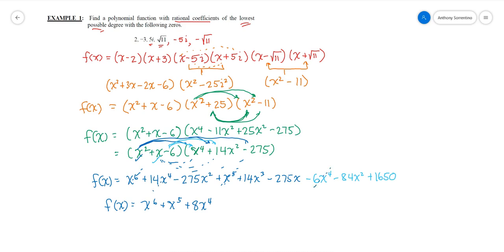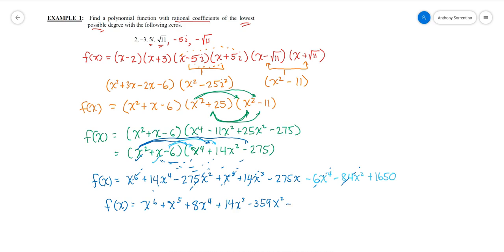The x cubed would come next. I do have a 14x cubed and only one x cubed term. x squareds would come next. I have a negative 275x squared minus an 84x squared, which means I would have a negative 359x squared. x terms are next.